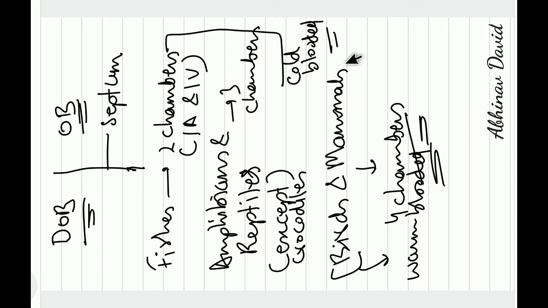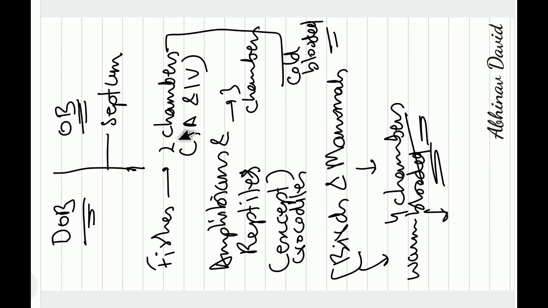I have already told you in 9th class. Cold-blooded organisms cannot maintain their body temperature; their body temperature depends upon the surroundings. Warm-blooded organisms can maintain a constant body temperature, which does not depend upon the surroundings but is maintained by the body of the organism.